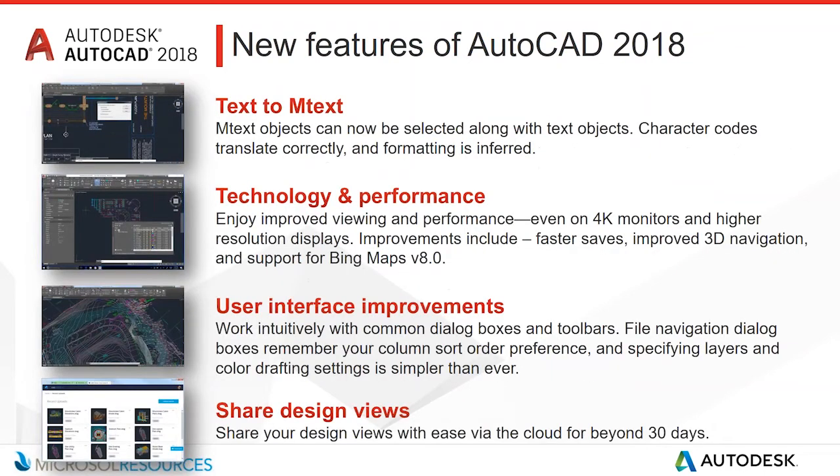Text to MText has now migrated from the Express tools to the regular menu. I sort of say it goes from the kids table to the adult table. And what that means is that if you have AutoCAD LT, you'll now be getting that particular feature. In addition to converting text to MText, it'll take multiple pieces of MText and convert them to a single piece of MText.